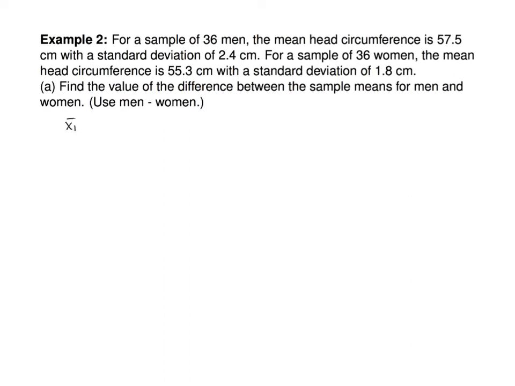So our sample statistic is x1 bar minus x2 bar, and x1 bar is the average head circumference for men, which is 57.5, minus the average head circumference for women, which is 55.3, and that difference comes out to be 2.2.